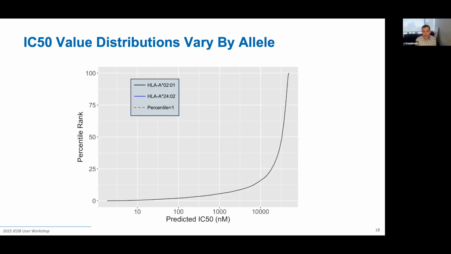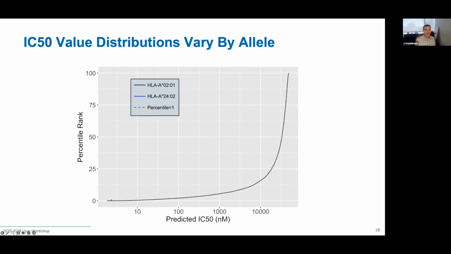And so just a word on percentile ranks and why we calculate them. Here we're showing the predicted IC50 values for the HLA-A0201 allele. So this is kind of what the distribution looks like from high affinity, low percentile rank, low IC50.